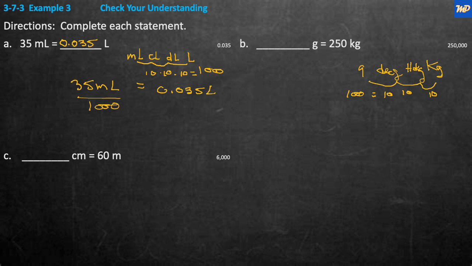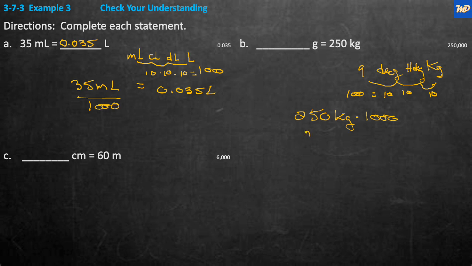Okay? And since we're moving from larger units to smaller units, we're going to take that 1,000 and we're going to multiply. When you go from larger units to smaller units, you have to have many more of the smaller units than you had of the larger unit. So we're going to say 250 kilograms times 1,000 because we're multiplying it.